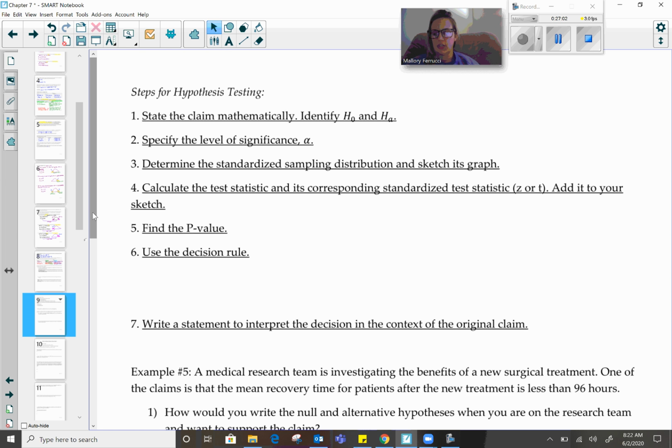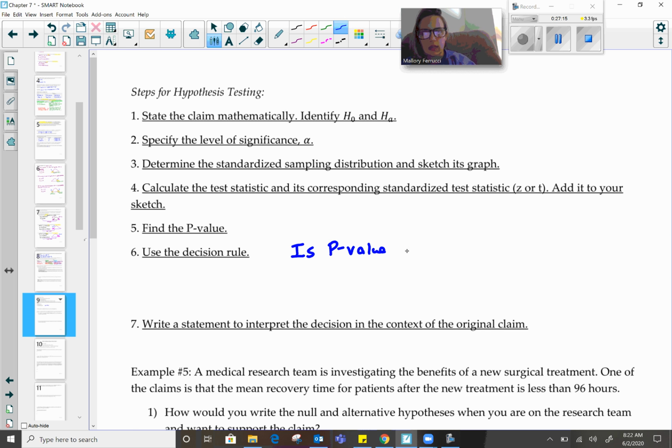The decision rule is this: is the p-value less than or equal to alpha?